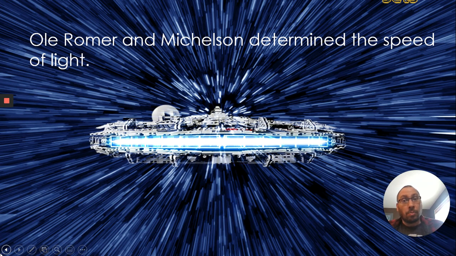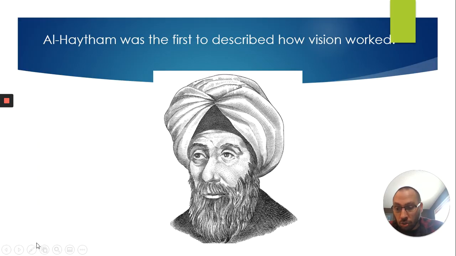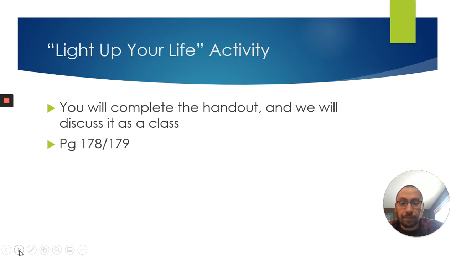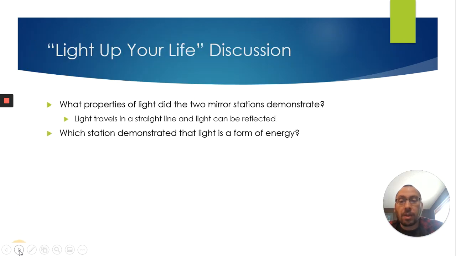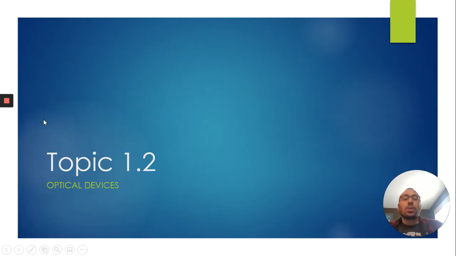Oh, one more. All of this led to properties of light. So we have 4 properties of light that came out of these individuals' discoveries. The 4 properties of light you should have listed already in the light up your life demonstration, but we mentioned all of them.